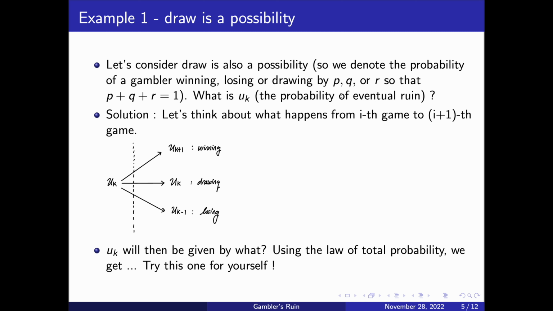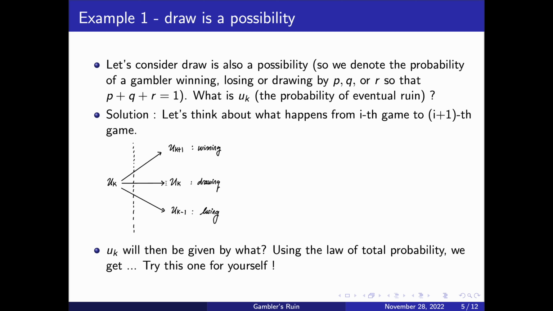So we want to find the probability of eventual ruin for player A, so u_K. How should we think about this? We would have to apply the law of total probability, and in this case we would have 3 cases. So for u_K, from one time step to another, player A can accumulate 1 more capital, so we have K plus 1, or we can have a draw, so player A's capital does not change, or player A can lose against player B, so that means player A's capital will decrease by 1.